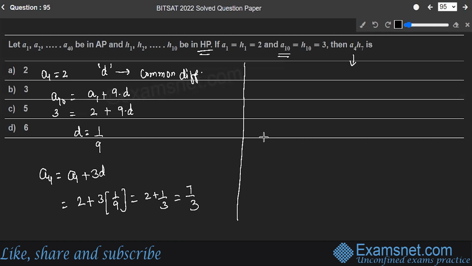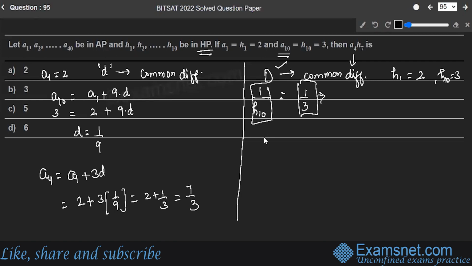Now let's talk about the harmonic progression. So here, let capital D be the common difference. You are given H1 is equal to 2, right? And H10 is equal to 3. Now, 1 upon H10 is equal to 1 upon 3.